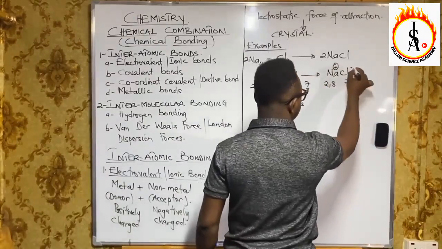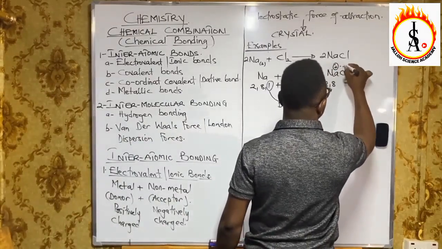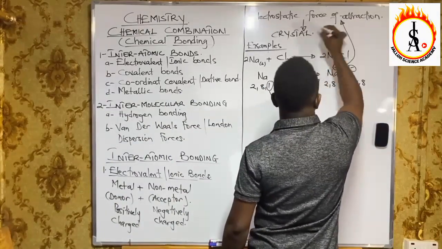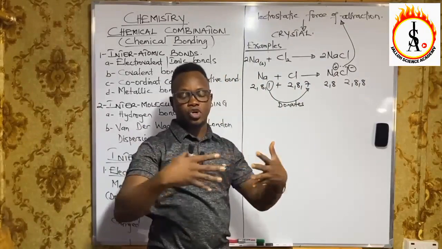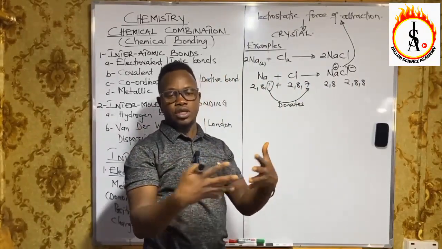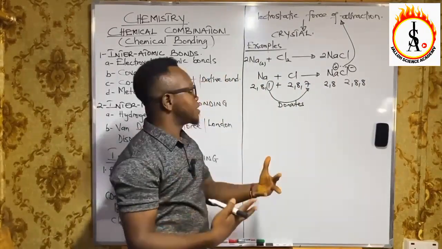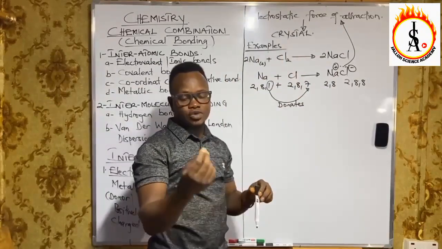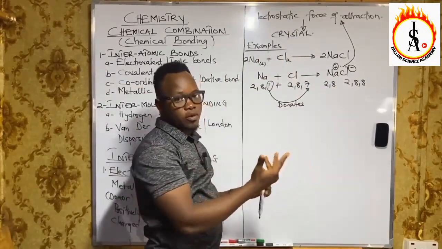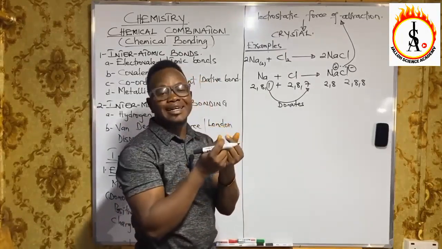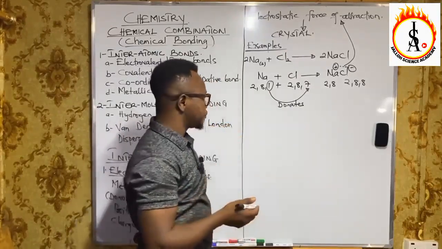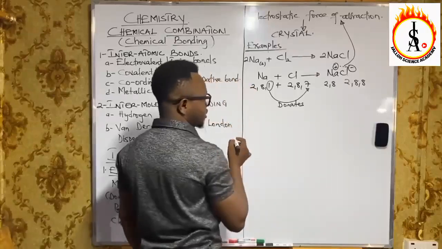So this positive charge and this negative charge are attracted by the strong electrostatic force of attraction, or we call it a Coulombic force, that pulls them together and binds them as a single crystal. That's why you can see sodium chloride, the common salt we use in our various homes, looking like a crystal. And this is the first example.